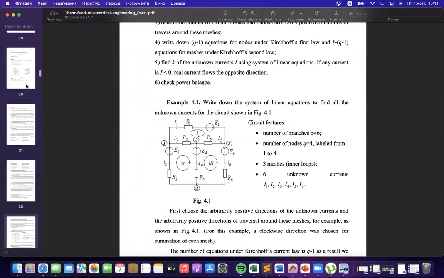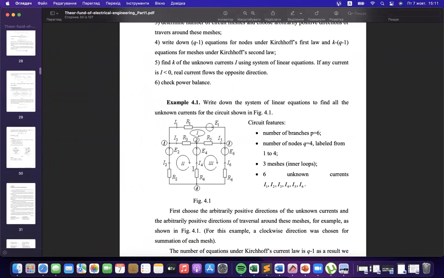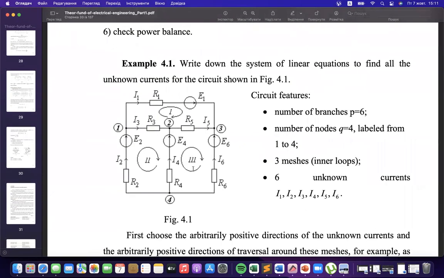Let's see some task, for example, here. Okay, let's make it a little bit simpler.